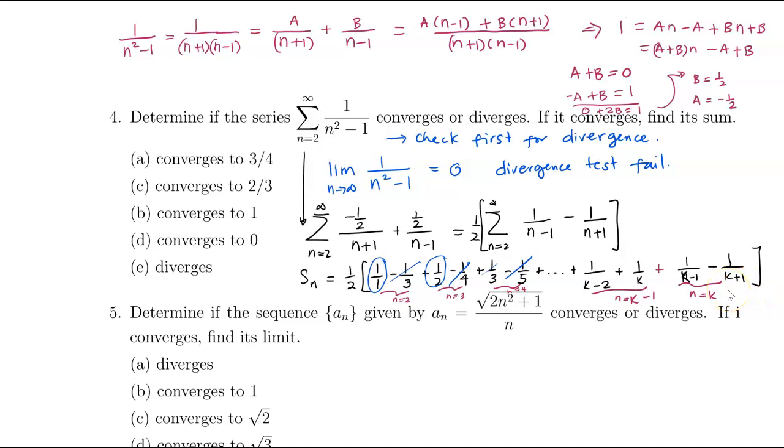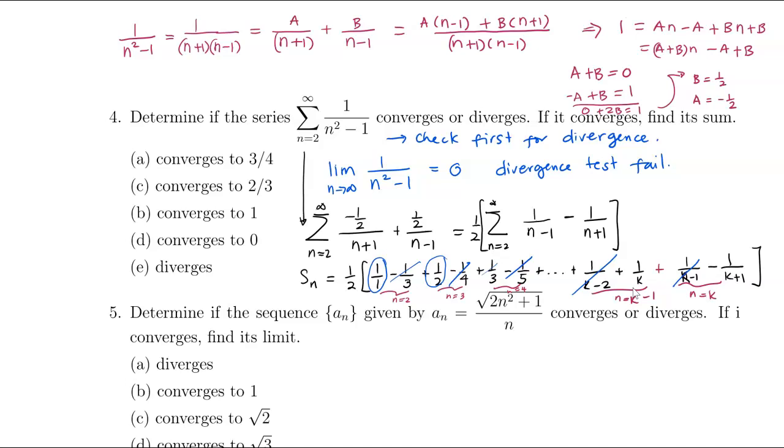That one won't cancel. Which terms here didn't cancel? The 1, and then the 1/2. So this and this one won't cancel. This and then that cancels.